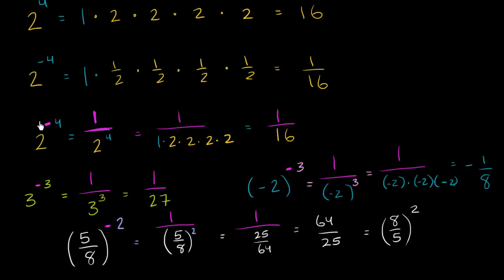And that would have applied even when you are dealing with non-fractions as your base. 2 to the negative 4 is going to be the same thing as taking the reciprocal of 2, which is 1 over 2, and raising it to the positive 4 power.